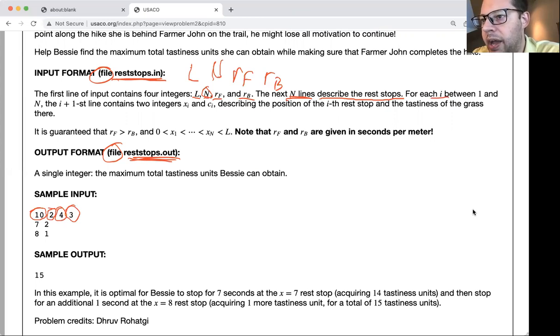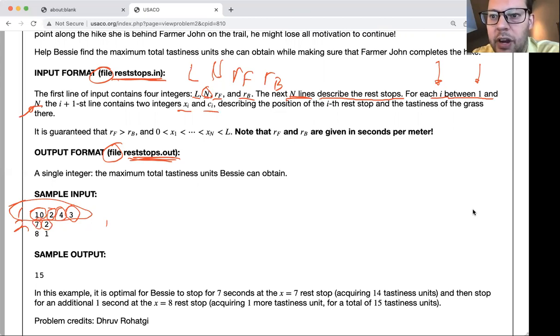For each I between 1 and N, the I plus first line contains 2 integers, xi and ci. So for example, 7 would be x1 in this case, and then 2 would be c1.